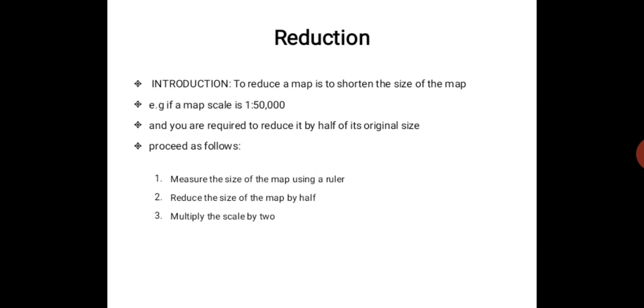You now multiply the scale by the number of times you are asked to reduce this map. I told you I will explain that to you. In the case of enlargement, we divide the scale. But in the case of reduction, you multiply the scale.